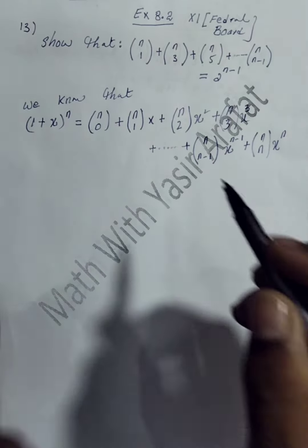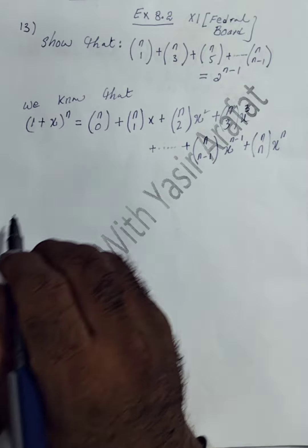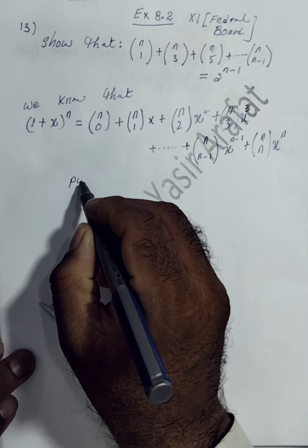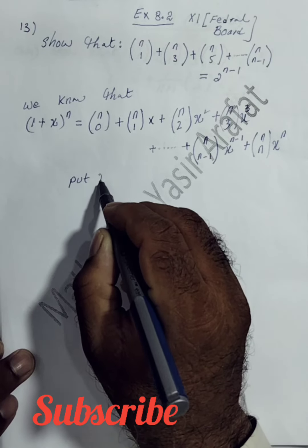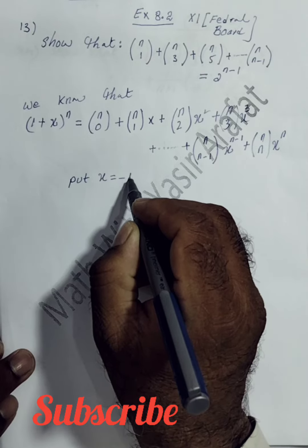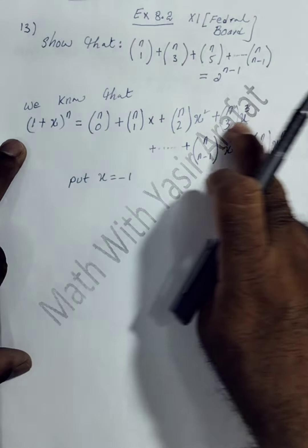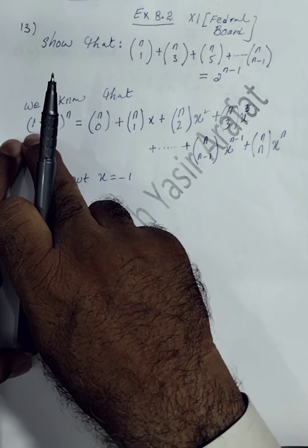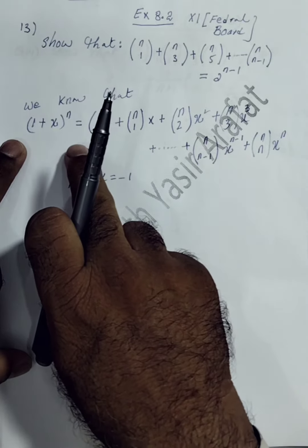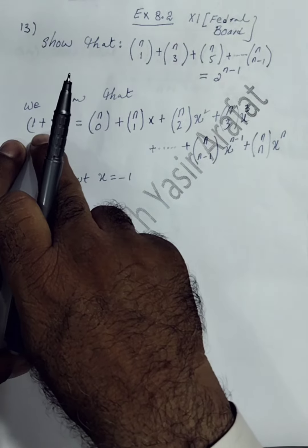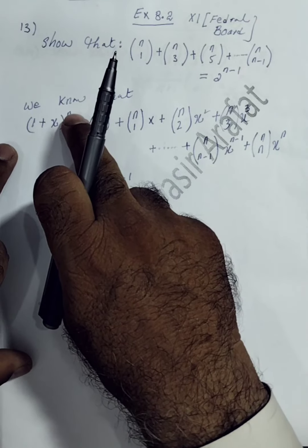Now we suppose that first we put x equals to minus 1. This is the basic formula of binomial, the general formula of the binomial (1 + x)^n.